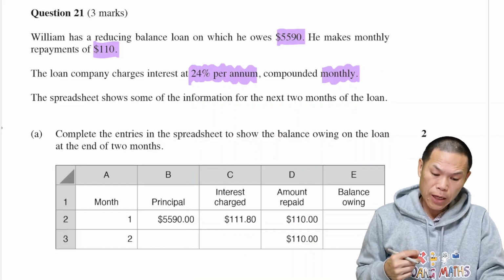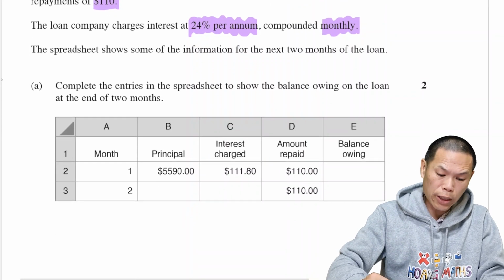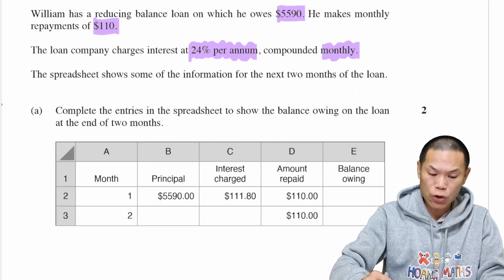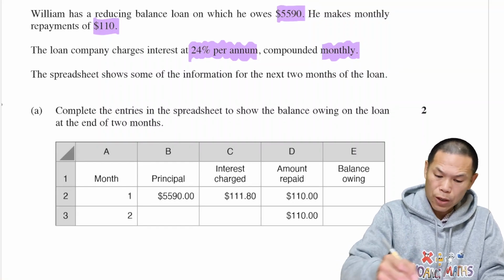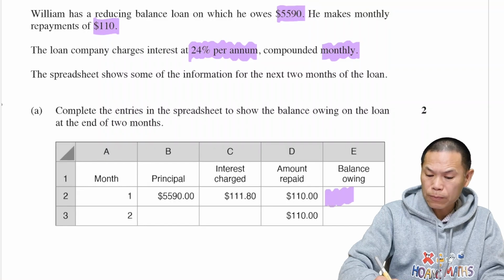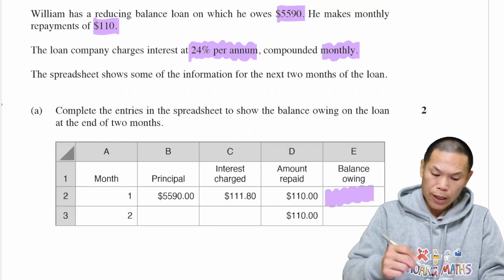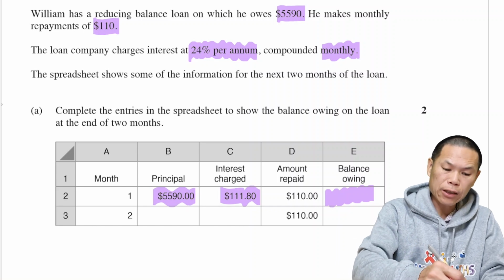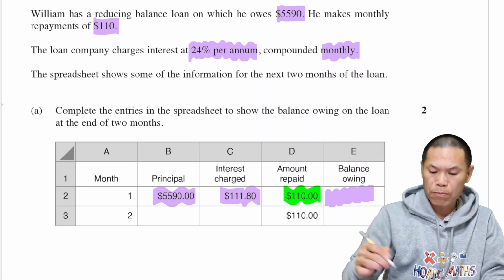Okay, keep that in mind. So now what we have to do is complete this table here. Spreadsheets if you like. So first of all, the amount that William owes each month is the principal. We add the interest and then we minus the amount of repayment.